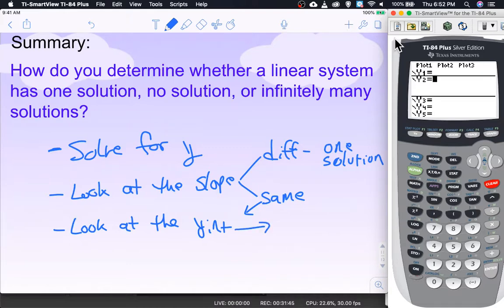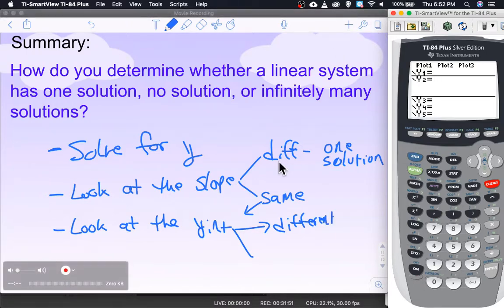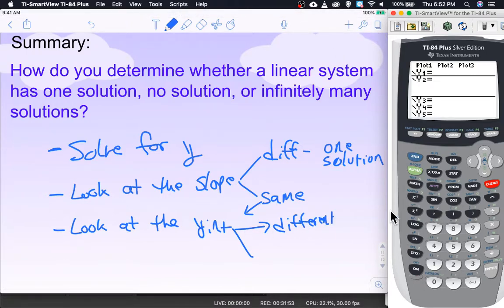If you have the same slope but different y-intercepts, it means these two lines are parallel and you have no solution.